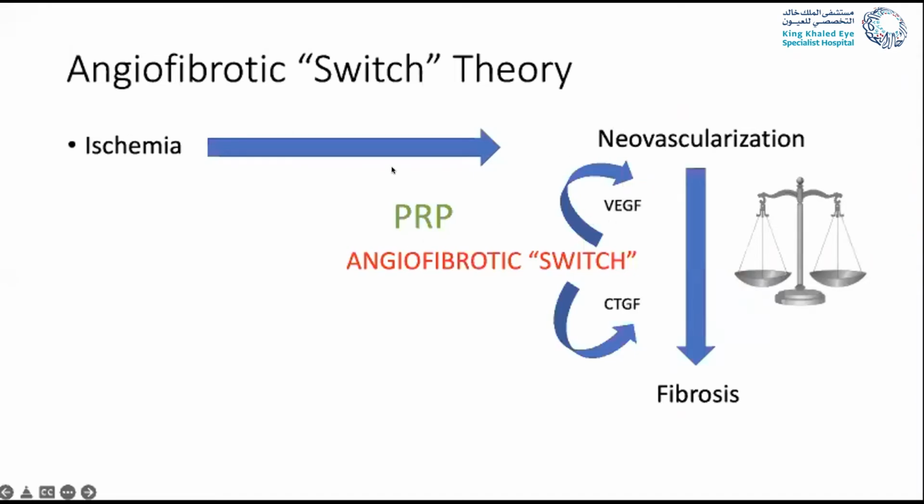And when we administer PRP, we're also switching that angiofibrotic change from a VEGF predominant level into a CTGF predominant level, hence developing fibrosis. Now, we do need to take into account that PRP will cause this decrease in VEGF levels much more slowly than anti-VEGF, where it would happen basically in a couple of days to a couple of weeks.